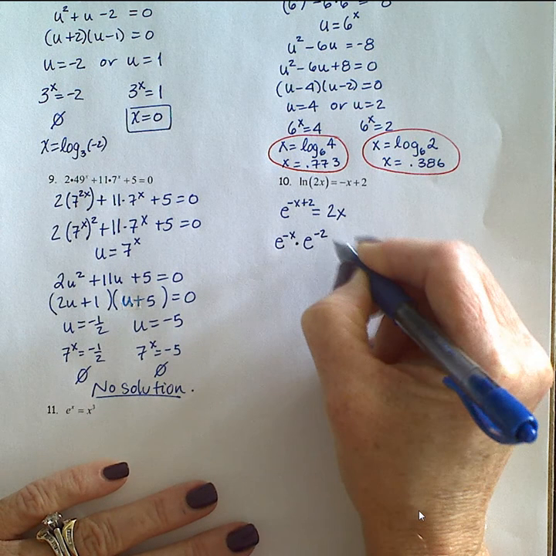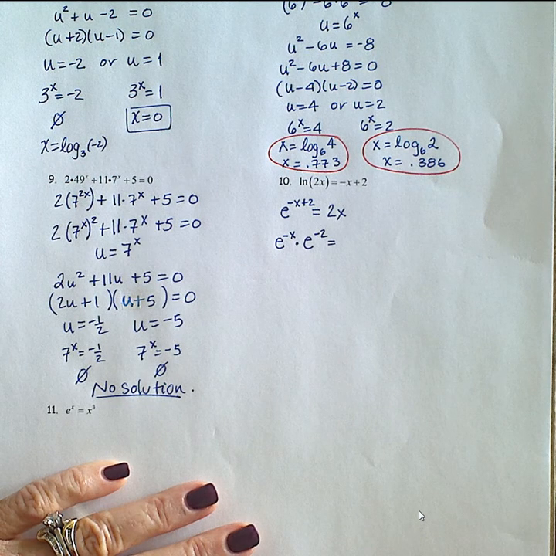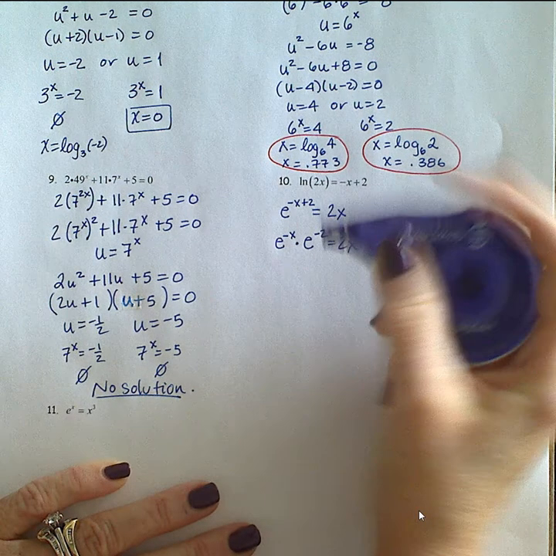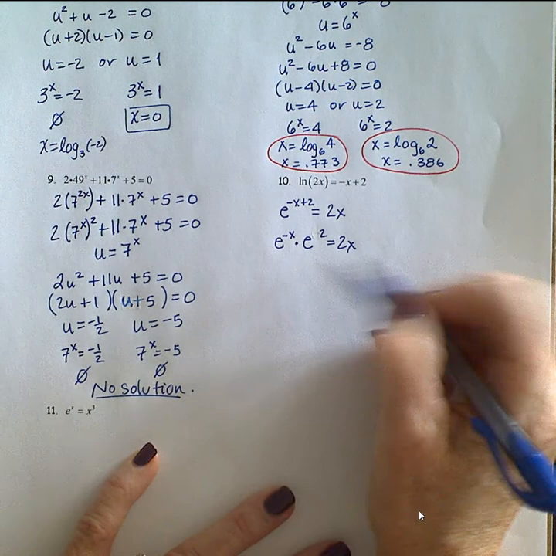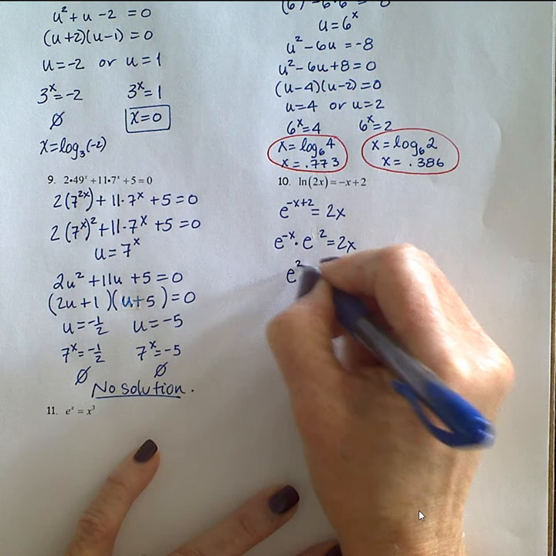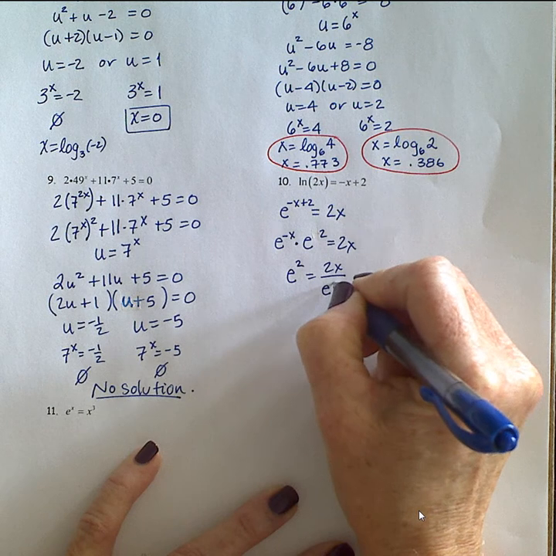Okay. Positive 2. Okay. Divide both sides by e to the negative x? Okay. So we'll have e squared is 2x over e to the negative x.